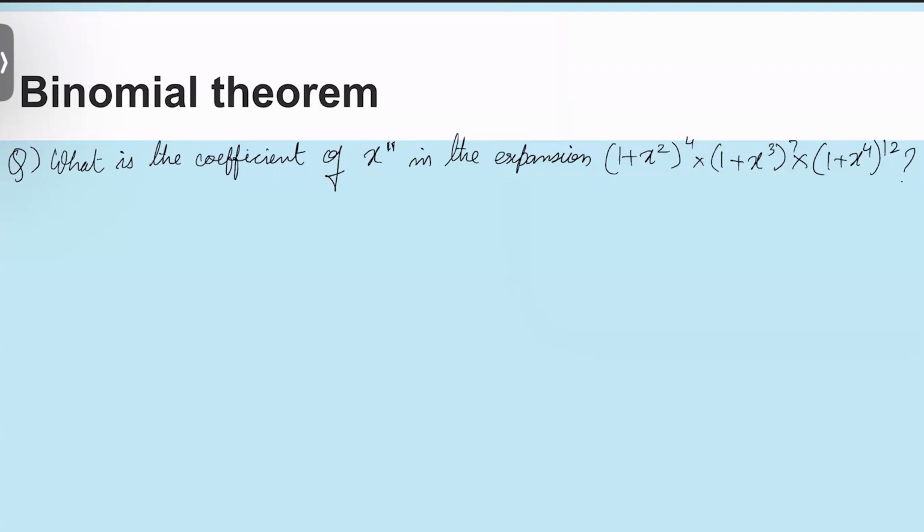So let's first see the coefficient of x raised to a.